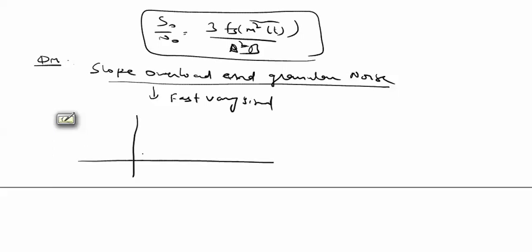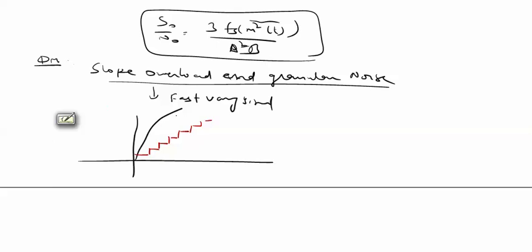Slope overload error occurs if the signal has a larger, higher slope. This is because in DM we follow some step size, and if the slope of the step size is lower than the slope of the message signal, then slope overload error occurs.